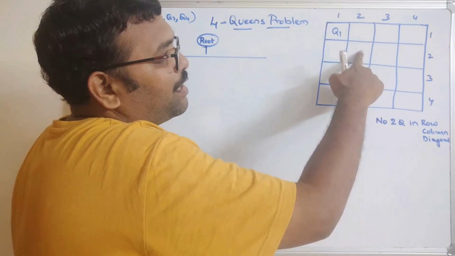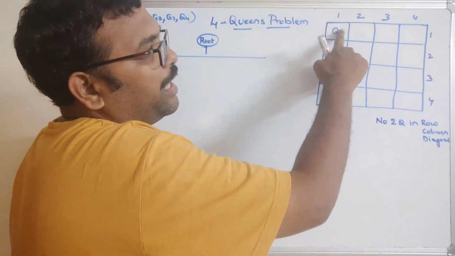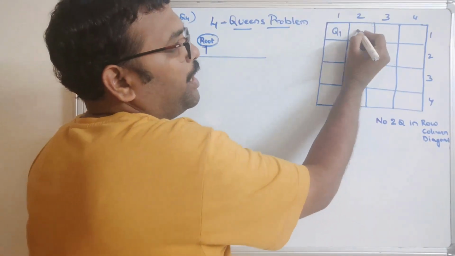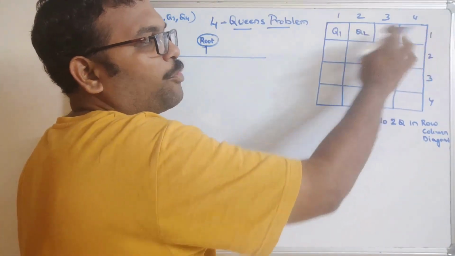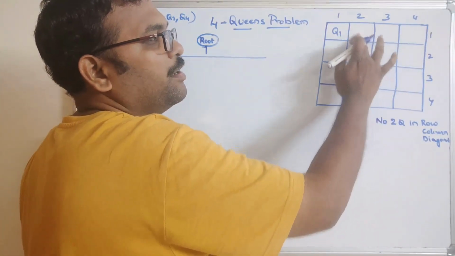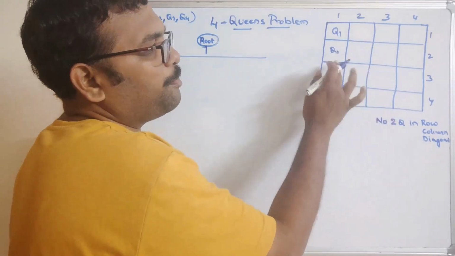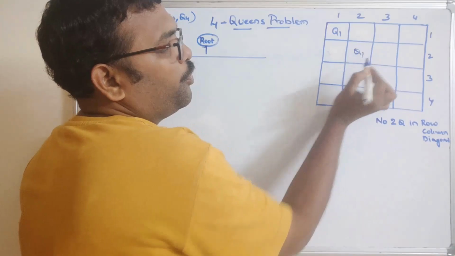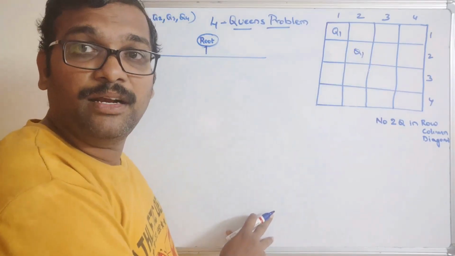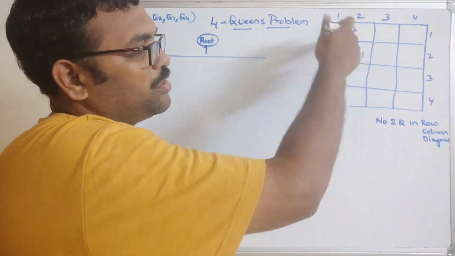And if you place here, Q1 and Q2 are in the same row, so we should not place here. Here also we can't place because of the diagonal.